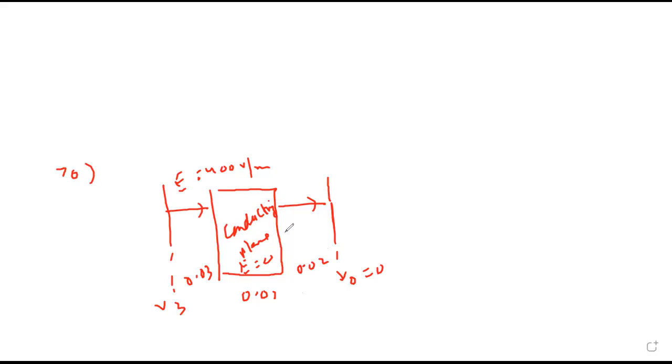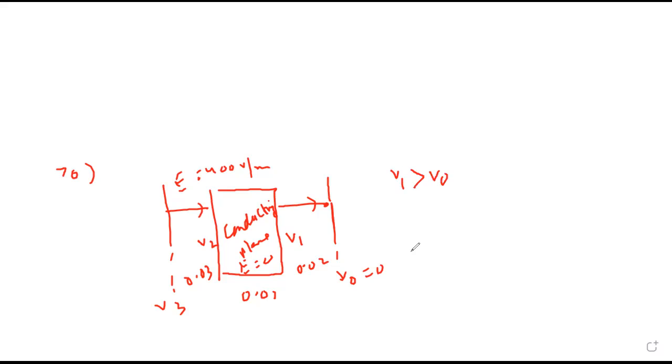This point has potential V1, this surface. See, whenever you are in the direction of field, potential is decreasing. Opposite, increasing. No field, constant. If no field, then it is constant. So between these two points, you are going from left to right. So whose potential is more? V1 greater or V2 greater? V0 greater?